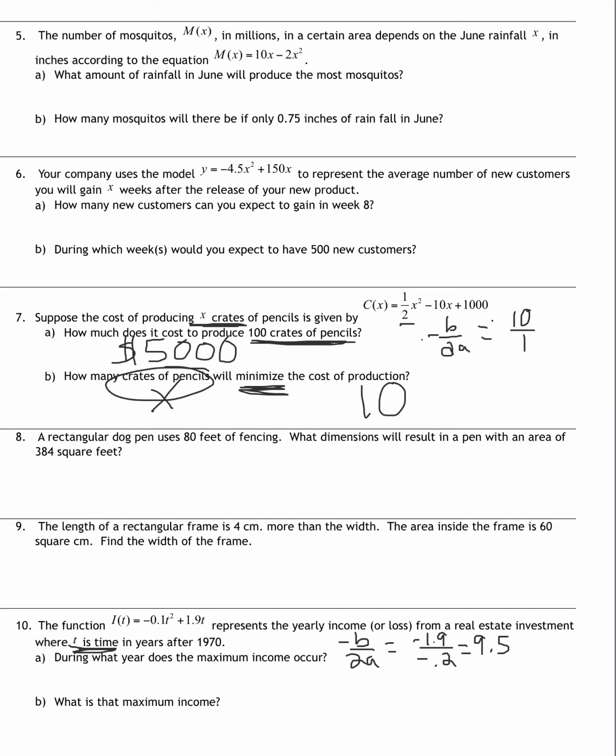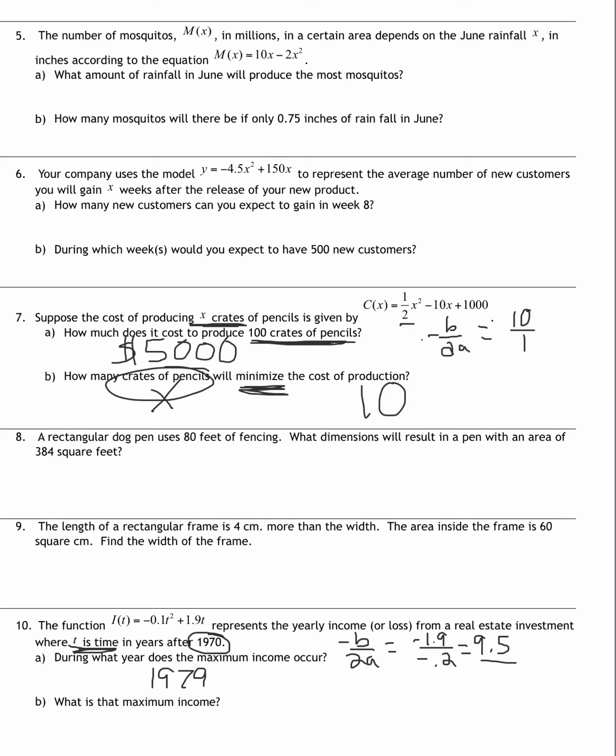So during what year does the maximum income occur? That's going to be 9.5 years after 1970. So that year would be 1979, right? We'd be 6 months down the line in 1979.